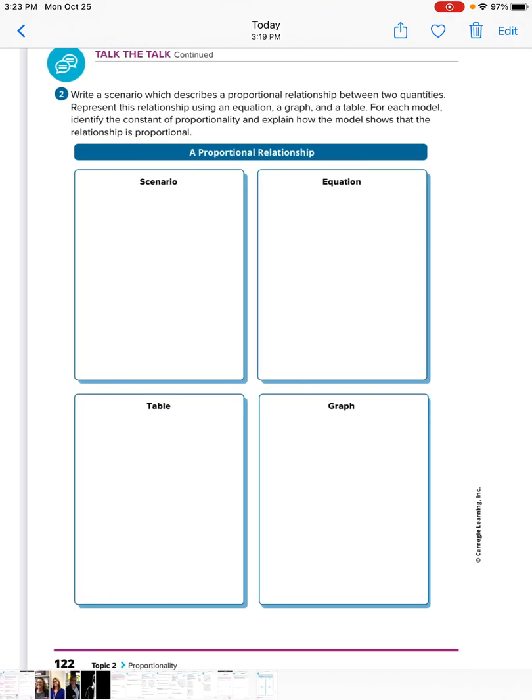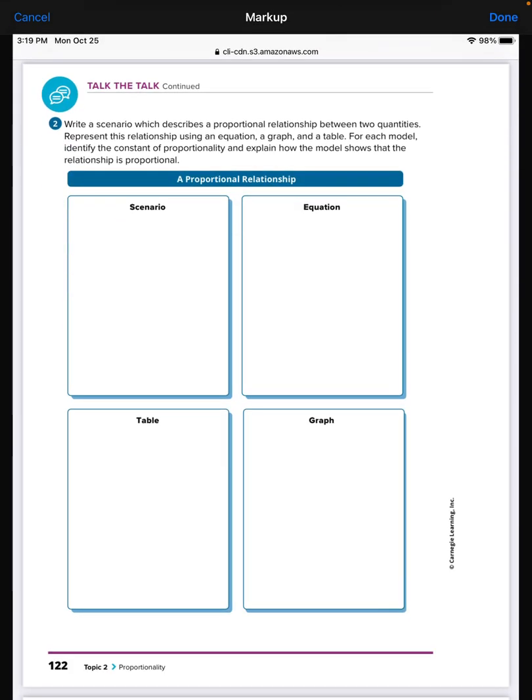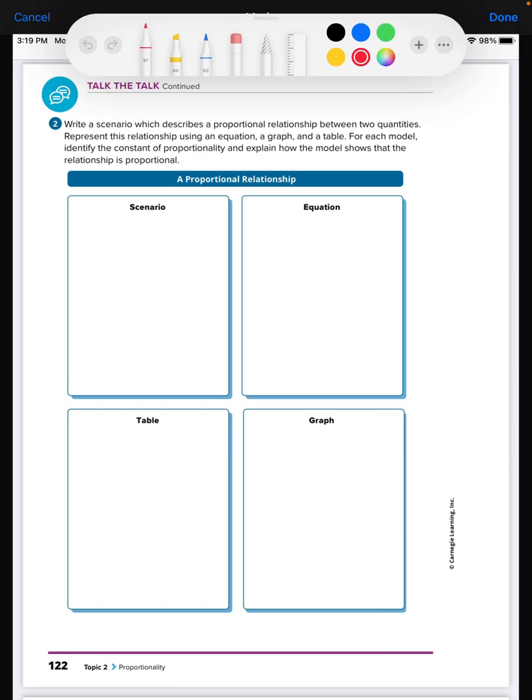All right. So the next page will take a little bit longer. I want you to come up with your own scenario, write your own equation, and make your table and graph. I will give you an example of mine. So Christy works at a grocery store and notices that the cost of the bananas is 57 cents per pound.